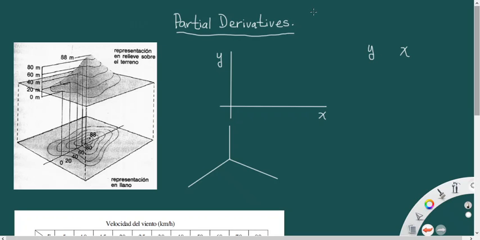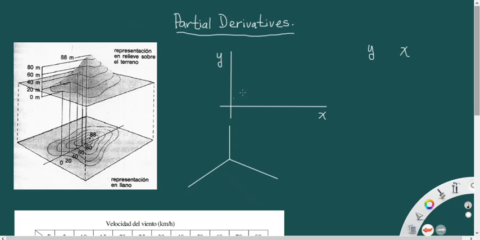You already worked with planes, with x and y, vectors, points in a three-dimensional space, the arc length in two-dimensional and three-dimensional spaces. So our next topic is going to be partial derivatives.